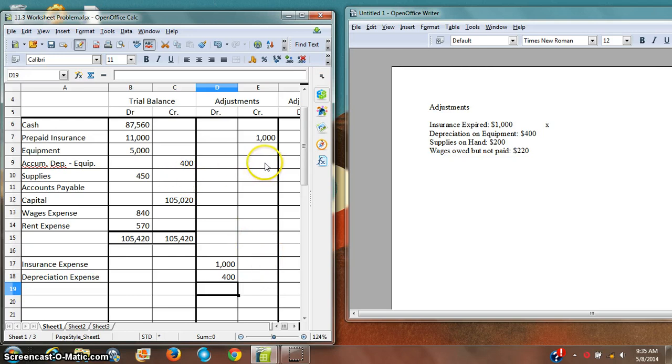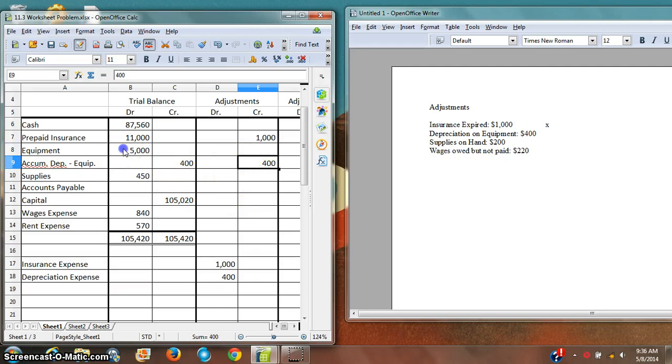And on the credit side, it's double entry again, so every time I put something on the debit side, I need to put something equal on the credit side. So here we go, $400 worth of accumulated depreciation. And as we talked about earlier, accumulated depreciation is a contra asset. It grows on the credit side. This is how much total that our equipment, which we bought at $5,000, has gone down.